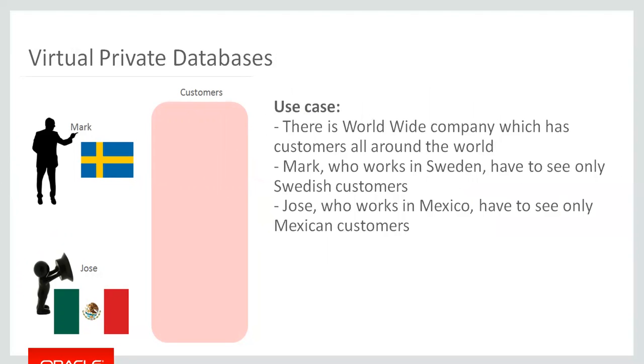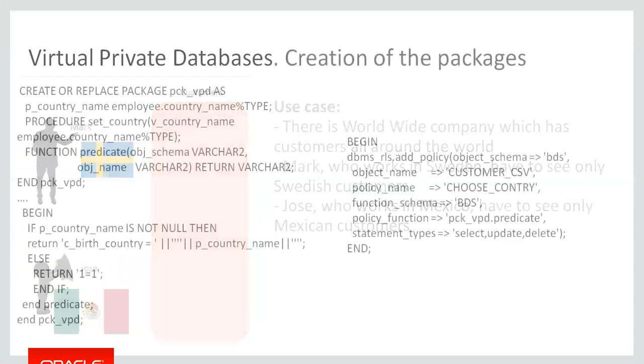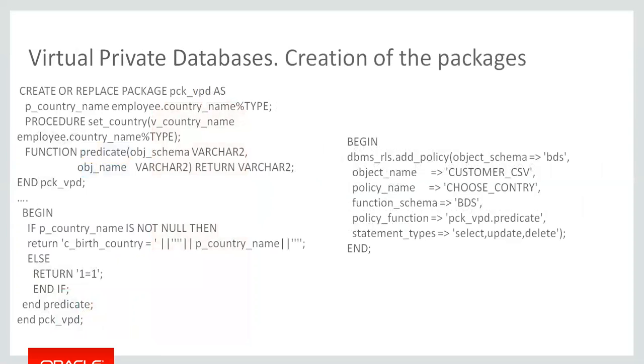And we have one big table with the list of all our customers, which has to be available for super users. Virtual private database will help me to implement this use case.